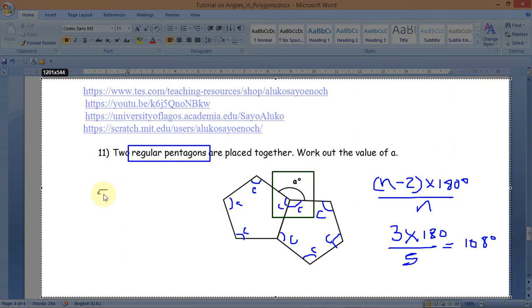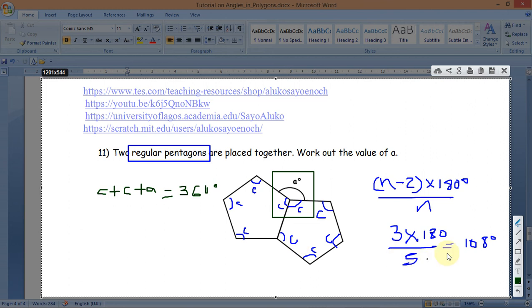So C plus C plus A, I'm looking for A, sums up to 360. Reason: angle sum at a point. And C is 108. So 108 plus 108 plus A equals 360.